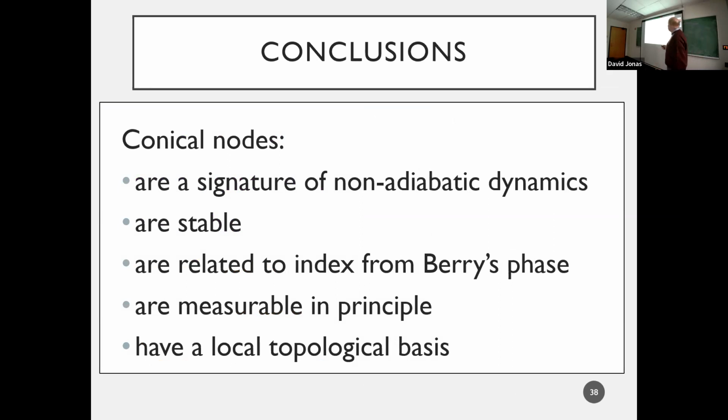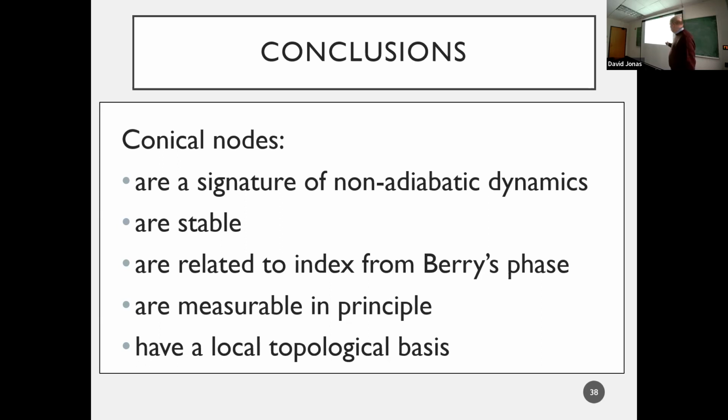So some conclusions here. These conical nodes are a signature of non-adiabatic dynamics. They don't occur if the dynamics is all confined to a single adiabatic potential energy surface. They're stable. They're related to the index that is connected to Berry's phase.